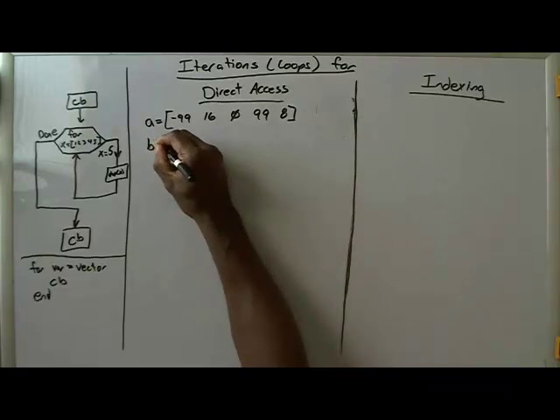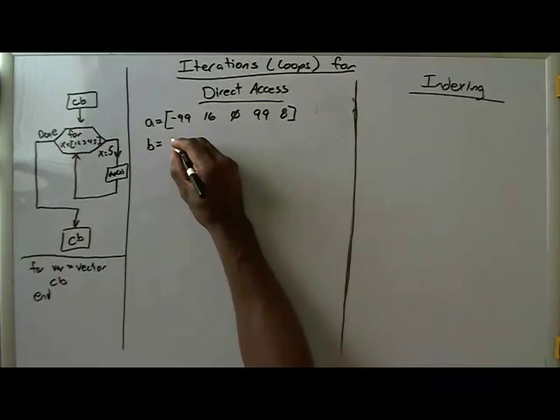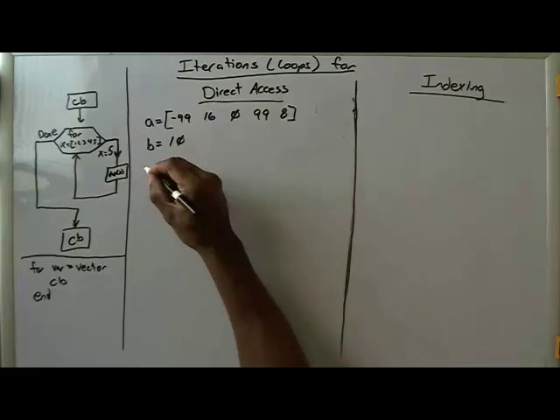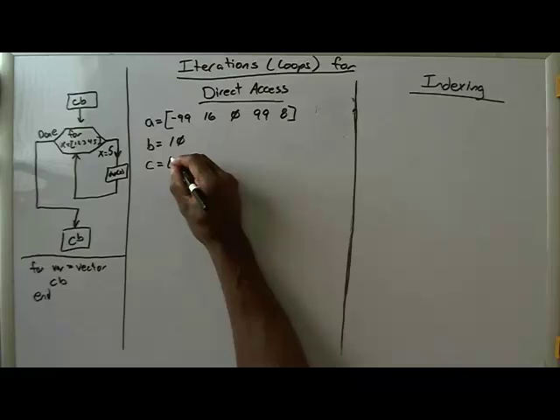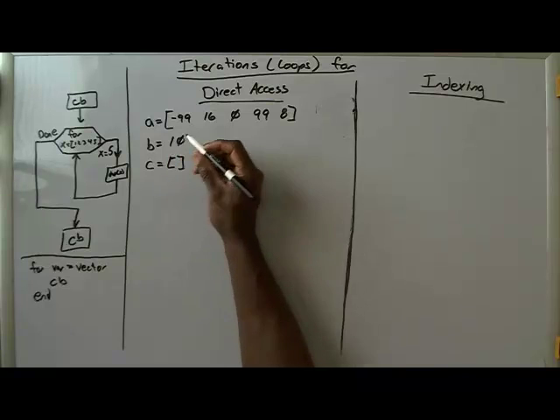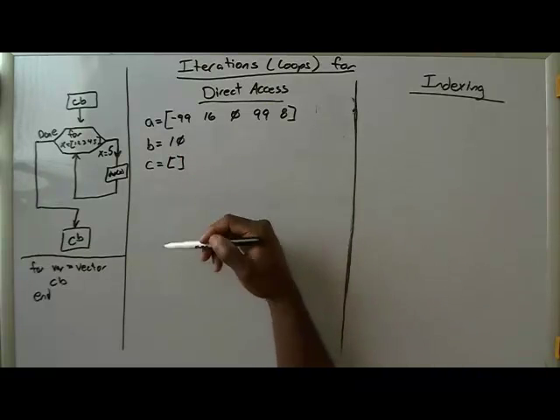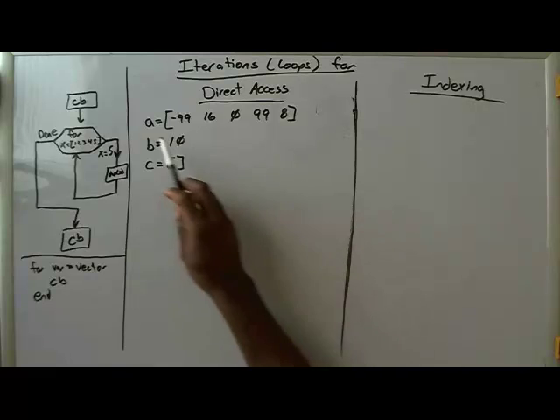And I'm going to give a scalar value b, let's just say 10, and then I'm going to make c equal to an empty vector, because here's what I'm going to do. I'm going to use my for loop to iterate through or loop through the vector a.